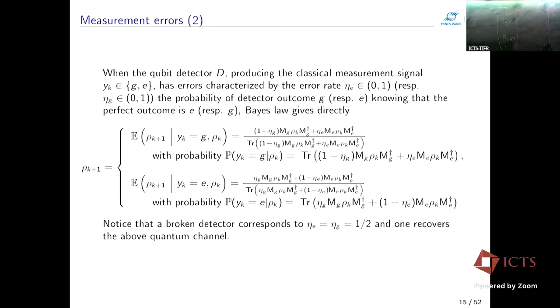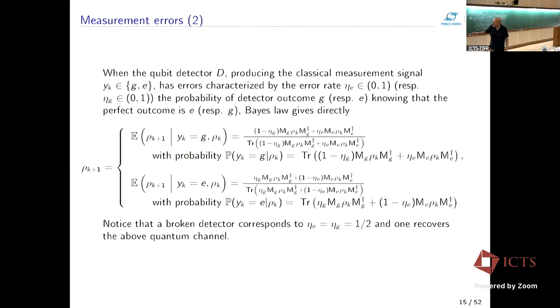You see, it's a partial CP map. So it's not fully M_mu rho M_mu dagger, but I put some numbers here which are less than 1. So I have my quantum channel, and I pick up some term of my quantum channel with a positive coefficient between 0 and 1. Okay? And it is exactly what I say here.